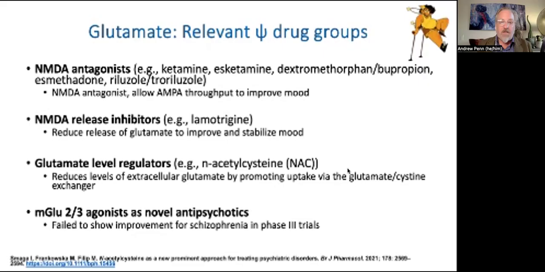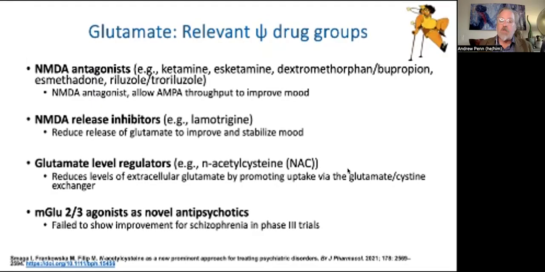There are also things such as N-acetylcysteine, which help to reduce the amount of extracellular glutamate, because you don't want to have too much glutamate. It becomes what's known as excitotoxic. So N-acetylcysteine is commonly used in a number of different situations. If you've ever given Mucomyst for somebody who has taken an overdose of acetaminophen, that is N-acetylcysteine.